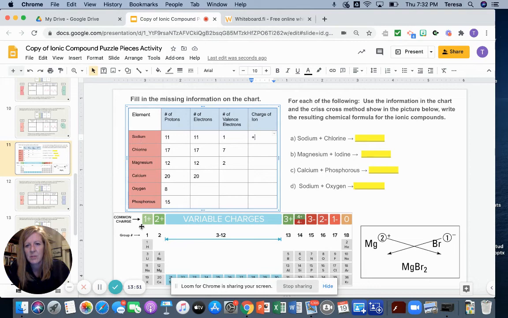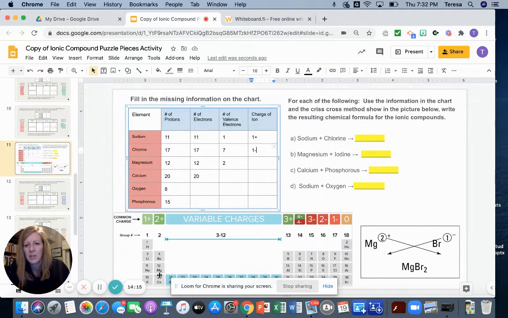So sodium, a +1 ion, okay, because they are going to try to lose an electron. Okay, chlorine over here wants to gain 1 electron to get up to 8. So if it gains 1 electron, it would form a -1 or a 1- ion.